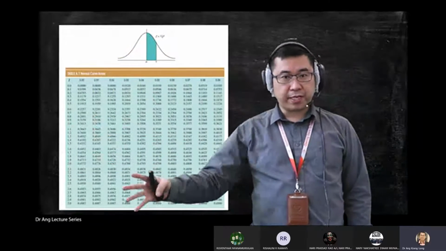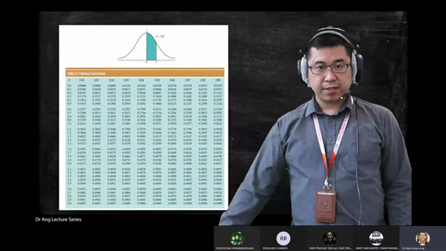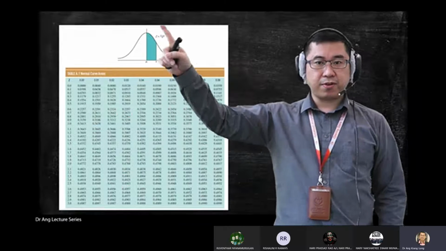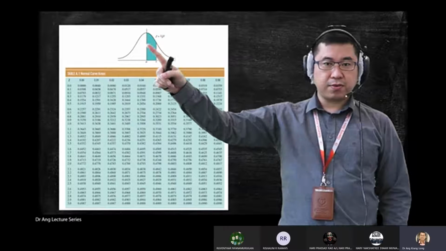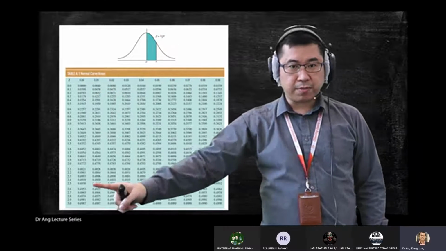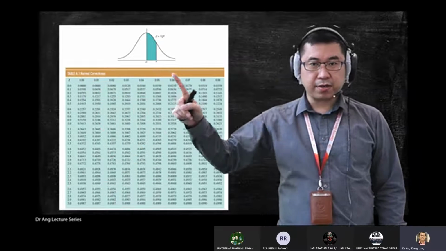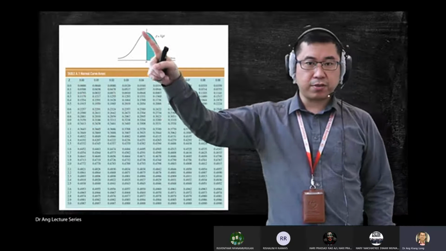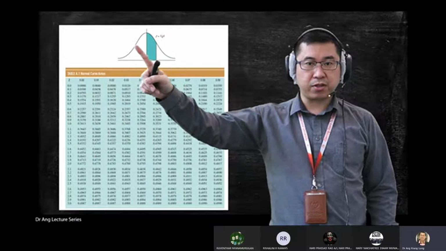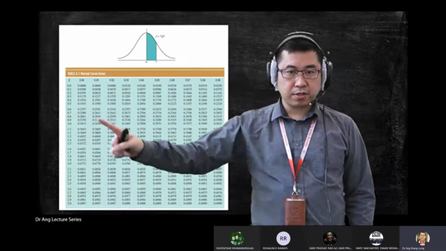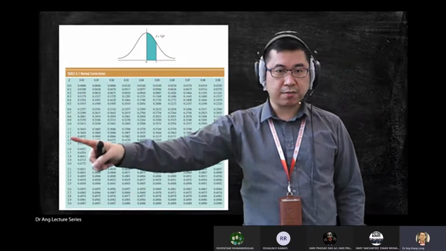You should be familiar with this graph, which I explained before. This is 0, and you have column 0 up until the last value here. We are using column 0 because we are having a normal distribution, so we are only focusing on this column and this column.